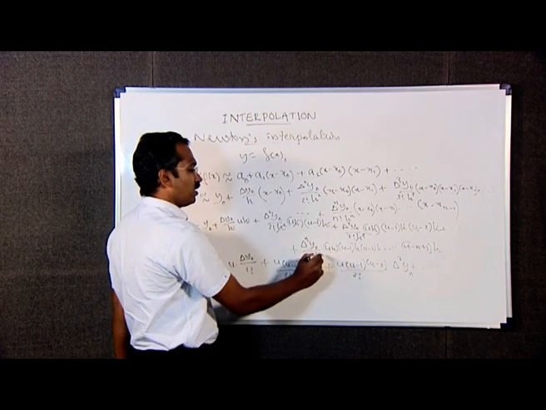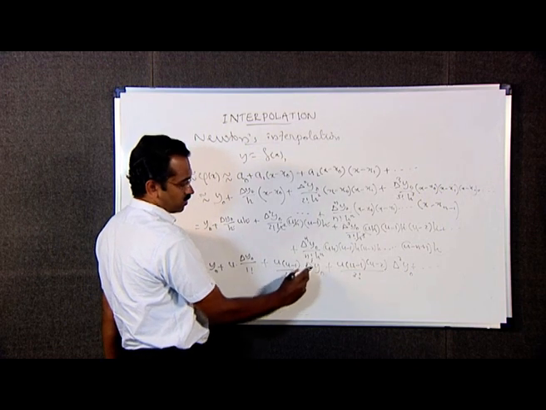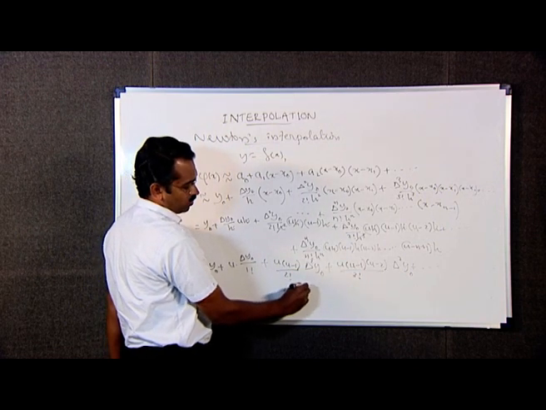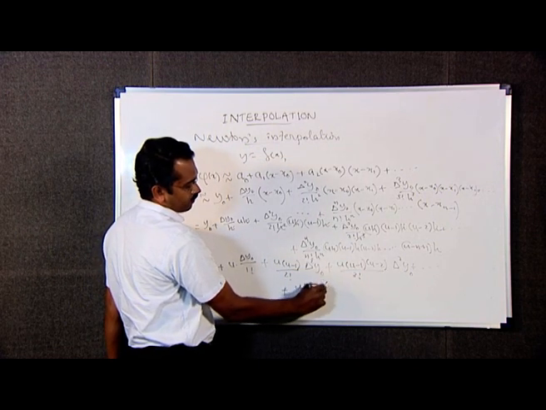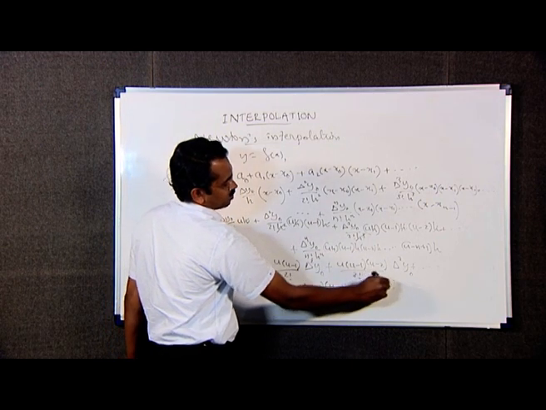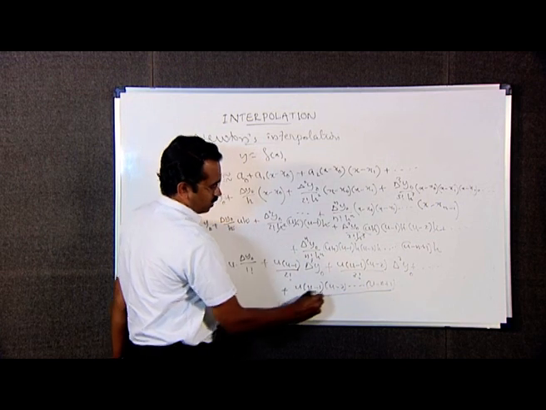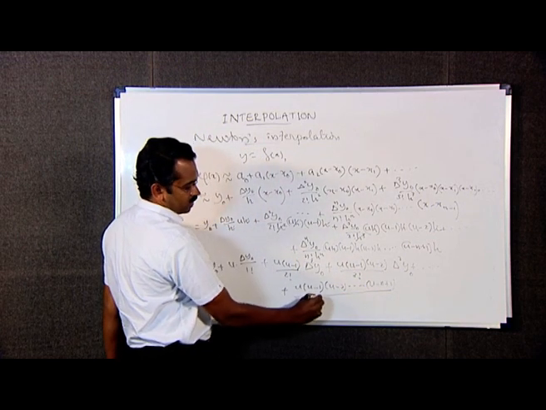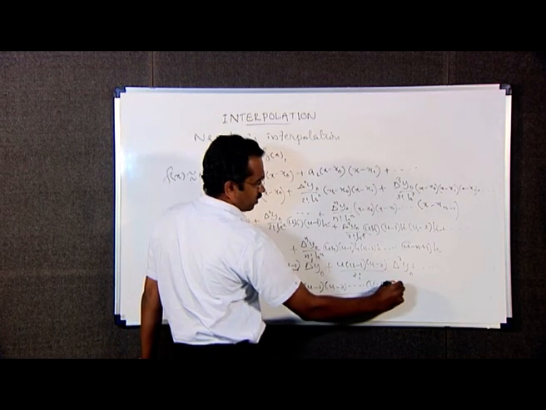Therefore, h raised to n and this h raised to n cancelled. The remaining is u into u minus 1, u minus 2 etc. u minus n plus 1, all divided by n factorial delta raised to n y naught.